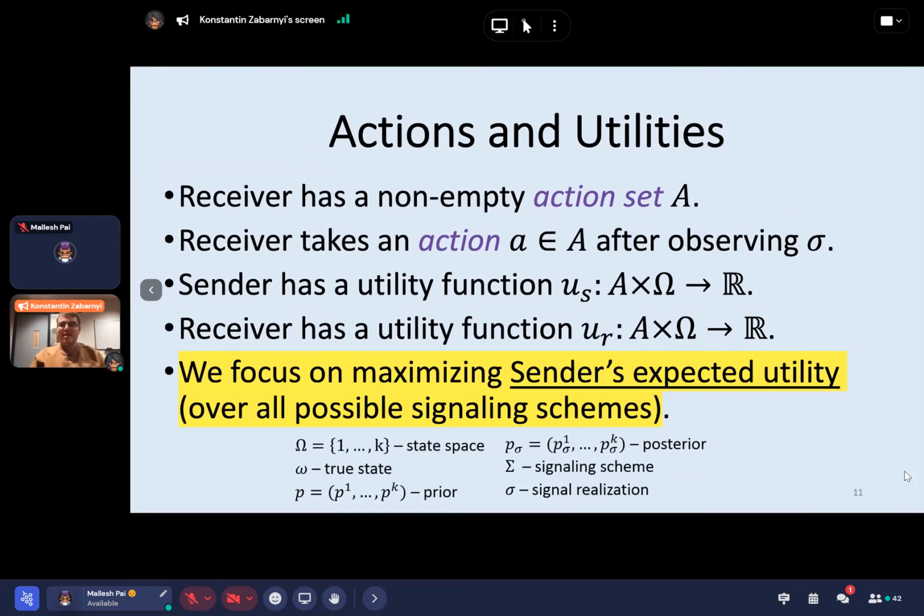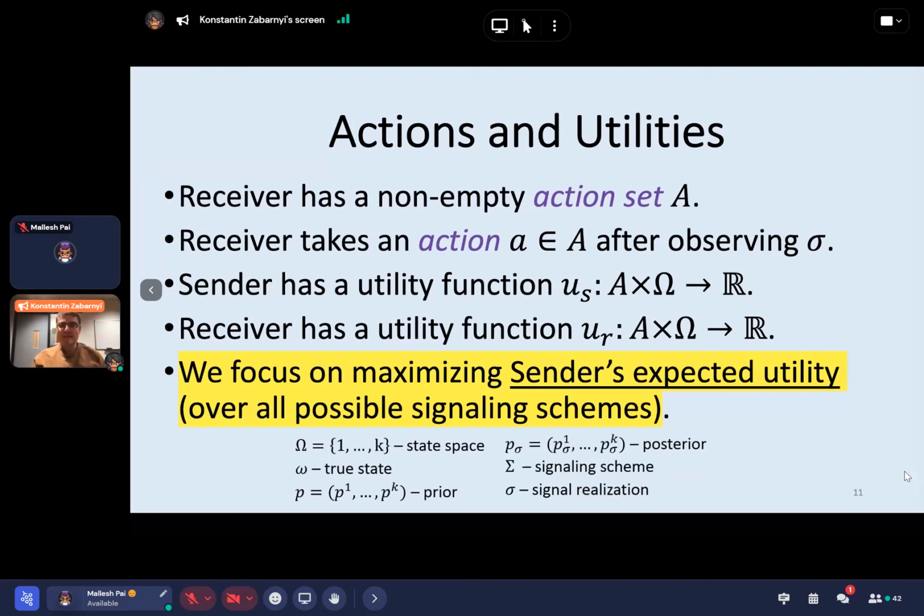Well, as I've already said, both agents are strategic, and the utilities of each agent depend both on the receiver's action and on the true state. So the receiver, being strategic, just chooses the action that maximizes her expected utility, where the state is distributed according to the posterior belief corresponding to the specific signal realization.